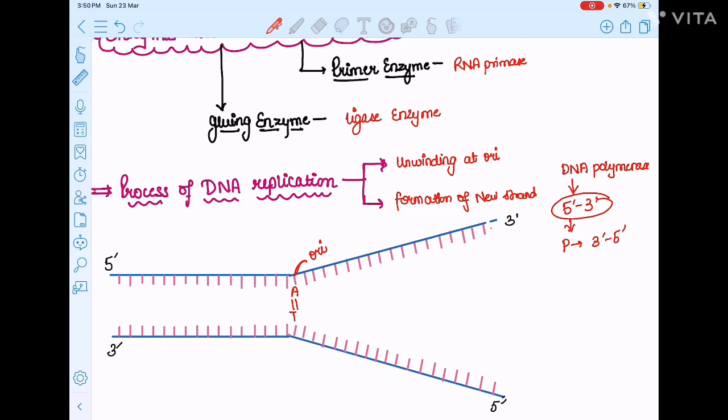That is, it will start working from this strand. Now, how will it know where to start or which strand is 3' to 5'? Here we get the RNA primase. RNA primase will make a signal that you have to start from here, and then the DNA polymerase will start working by making a daughter strand of polarity 5' to 3'.